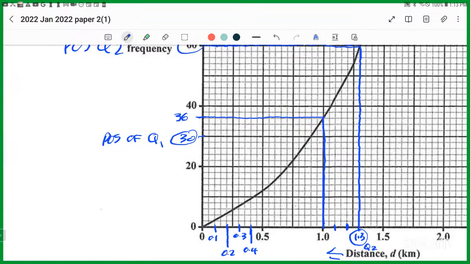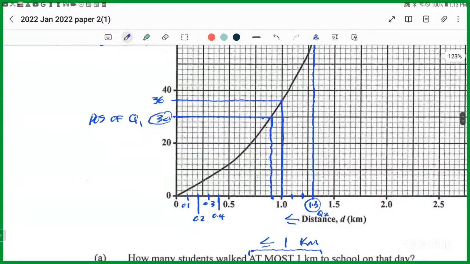You come across on the graph, and you read that measure down here. Be careful. It's actually 0.9, because it's 2 spaces less than this 1 right here.